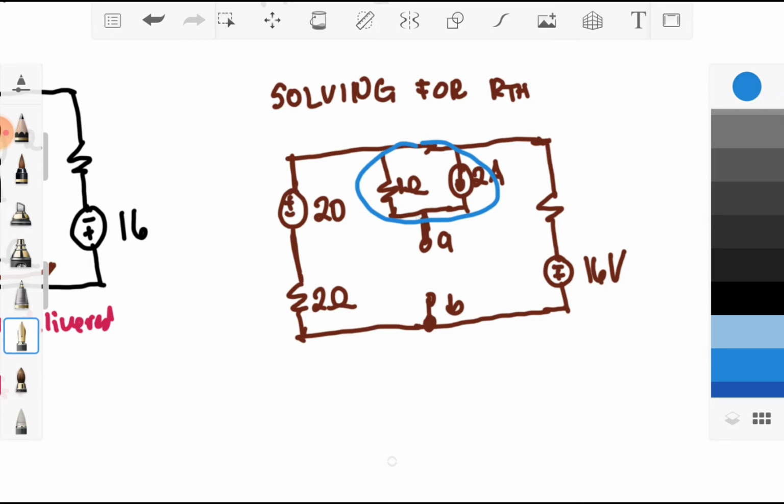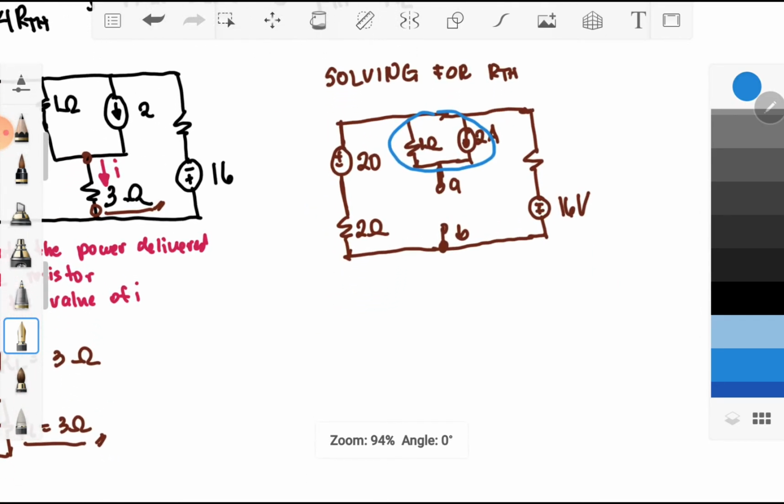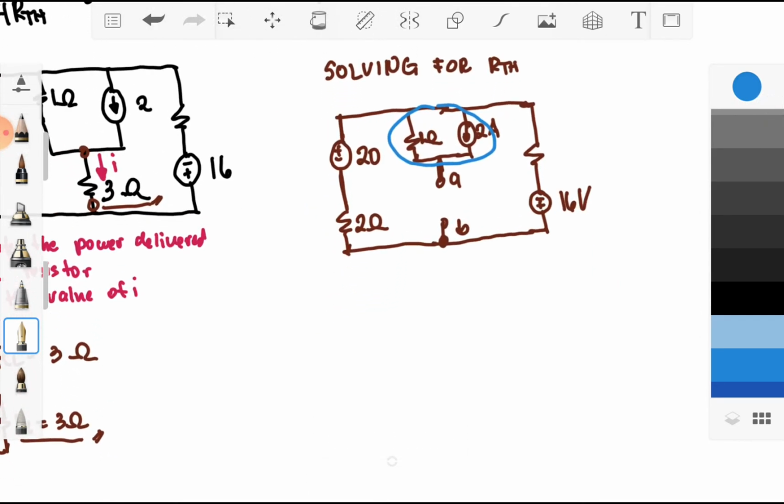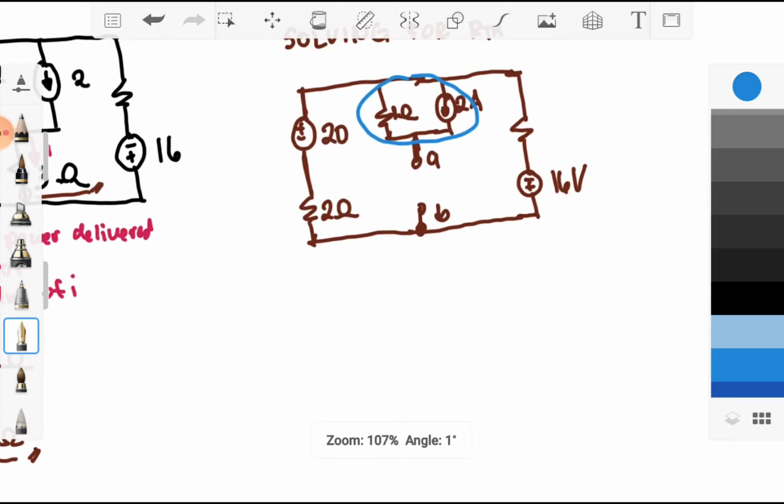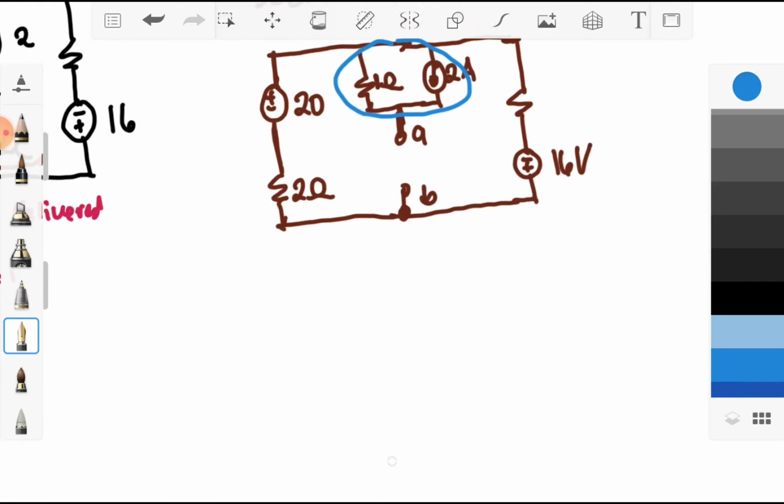So you see that upon removing your 3 ohm, your 2 ampere is in parallel with 1 ohm. Therefore, I may perform a source transformation. If I perform a source transformation, the 1 ohm resistor, when I analyze the VTH later, will have a current equal to 0. So therefore, it would be easier for me to solve for the VTH. So the best thing is to first transform this and then get my RTH.